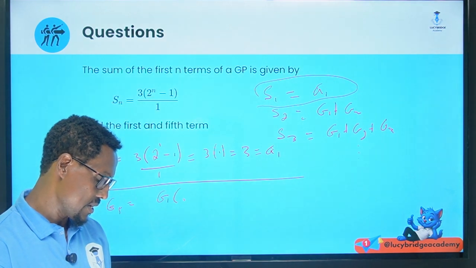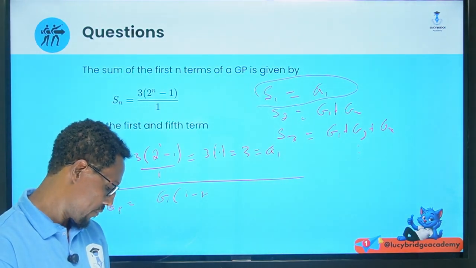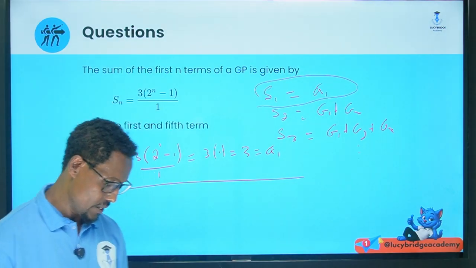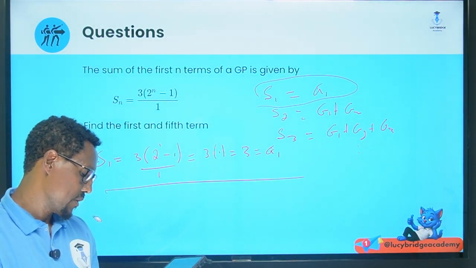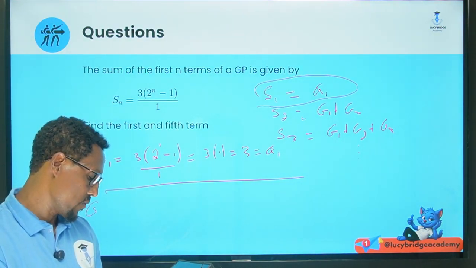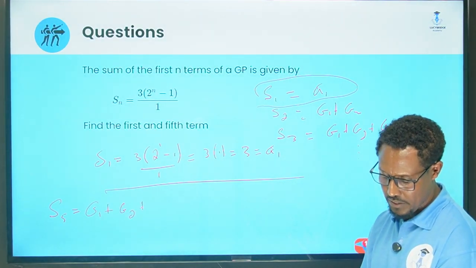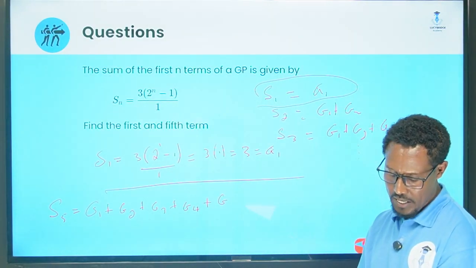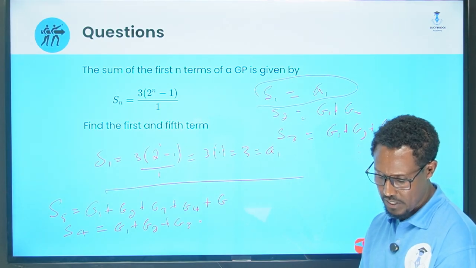S5 is equal to G1 plus G2 plus G3 plus G4 plus G5, and S4 is equal to G1 plus G2 plus G3 plus G4.